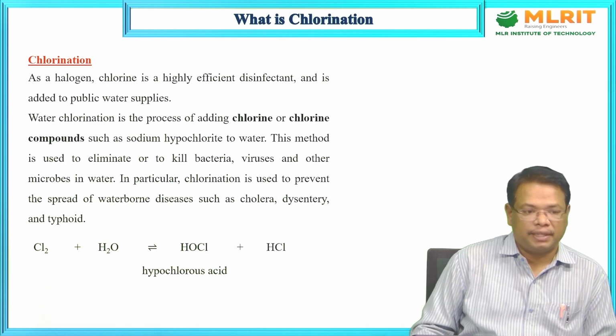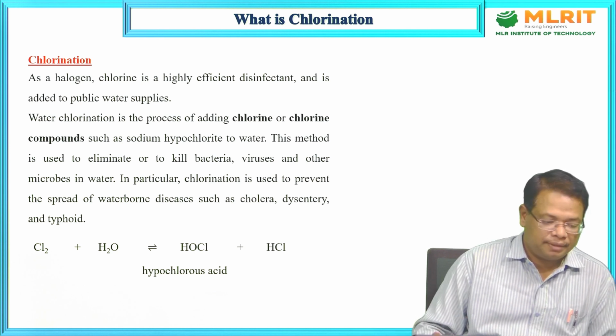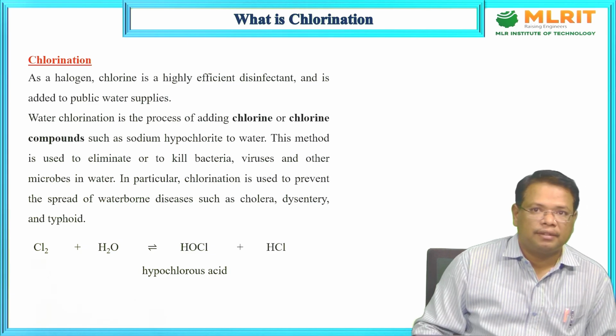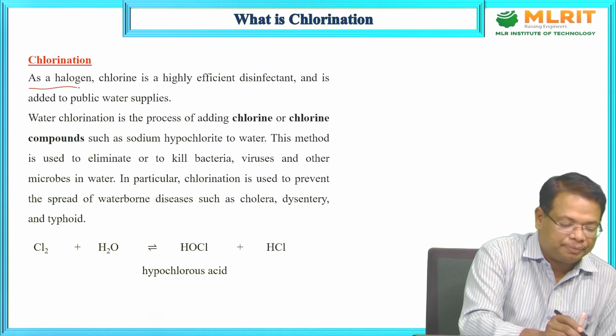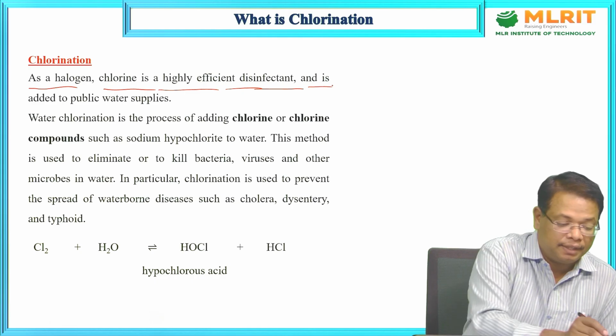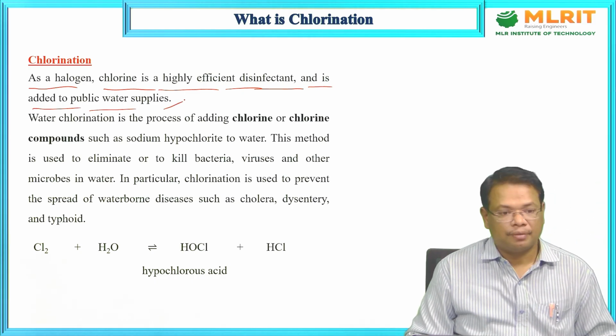So, what is chlorination? We know that chlorine is a halogen, a toxic gas. As a halogen, chlorine is a highly efficient disinfectant and is added to public water supplies.